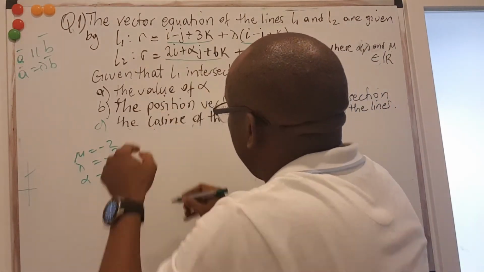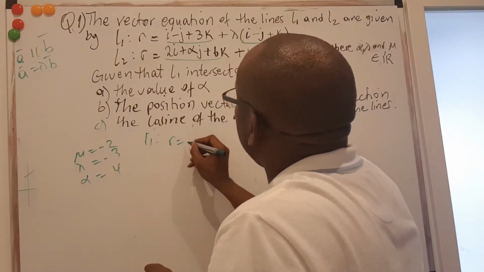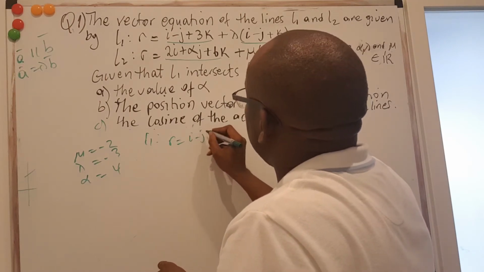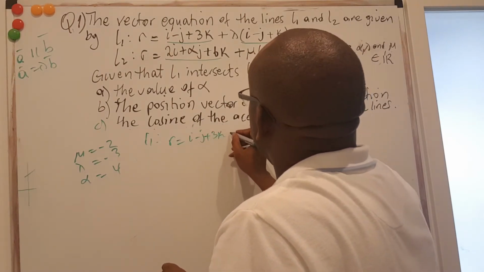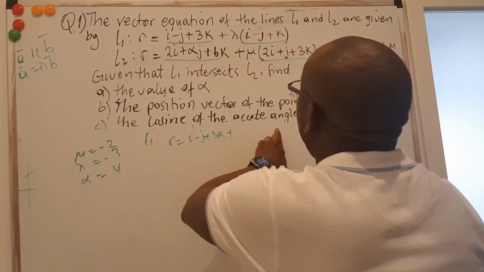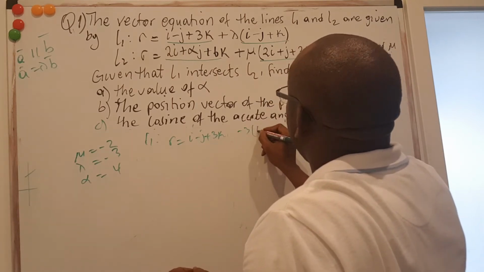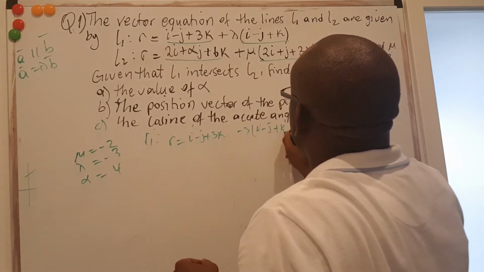So I would look at L1. Looking at L1, my r will be equal to i minus j plus 3k plus lambda, which is minus 3. So I'll put minus 3 there, times i minus j plus k.